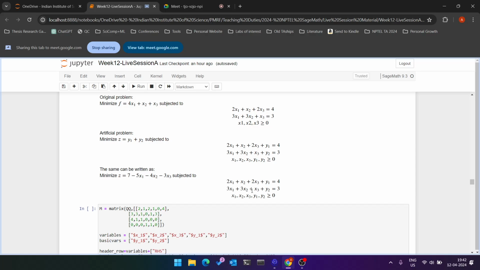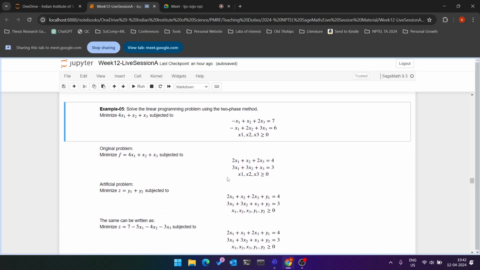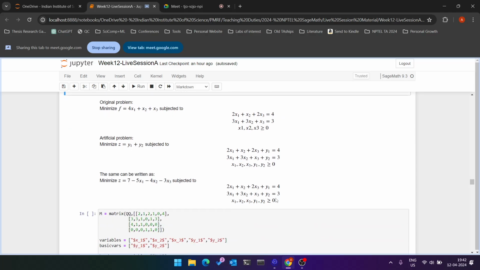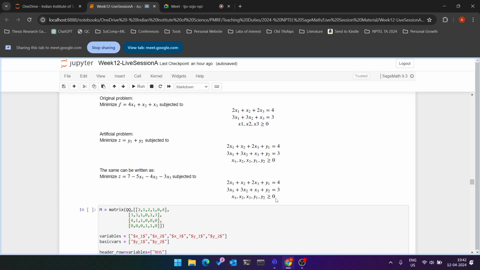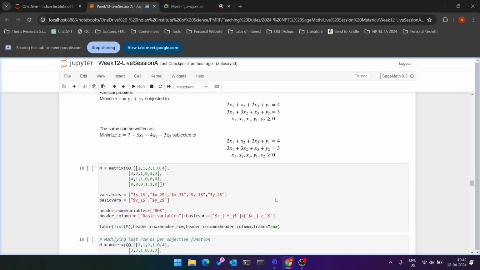So a lot is happening here, but what we are basically doing is, instead of Ax equal to b as the constraint, we have Ax plus y equal to b and the sum of y going to 0, which will basically mean that each ith component of y goes to 0, which should in turn mean that the basic feasible solution for Ax equal to b can be obtained indirectly.